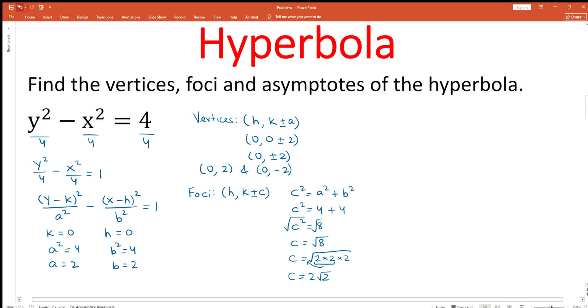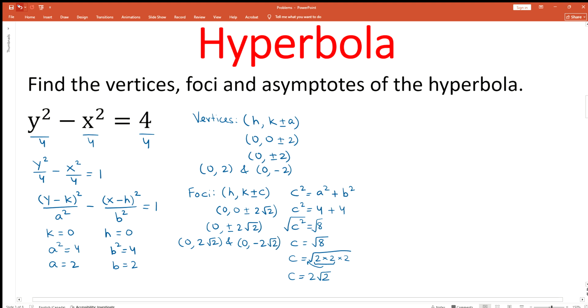So the two foci are (0, 2 square root 2) and (0, negative 2 square root 2).